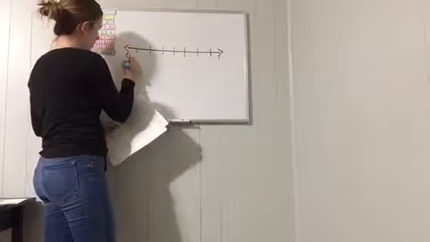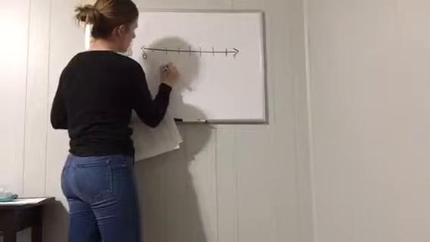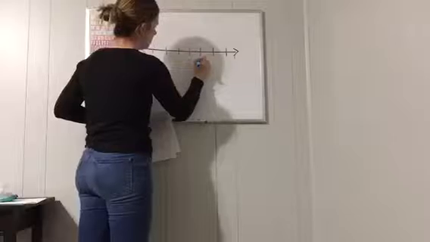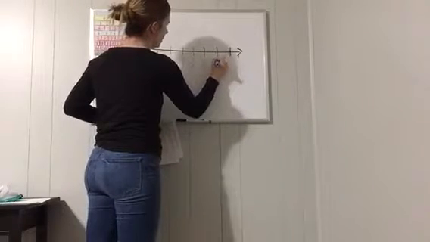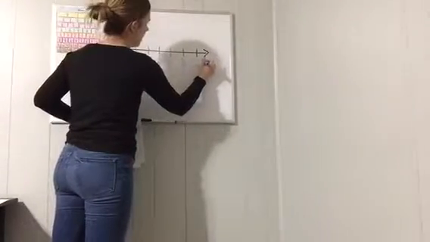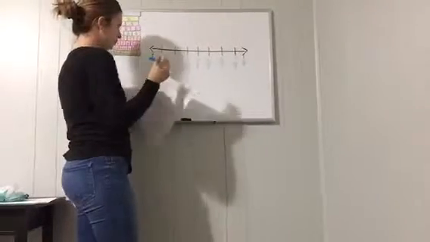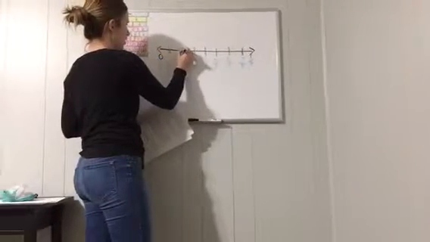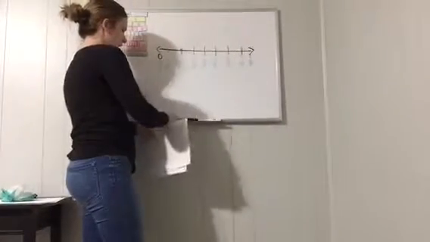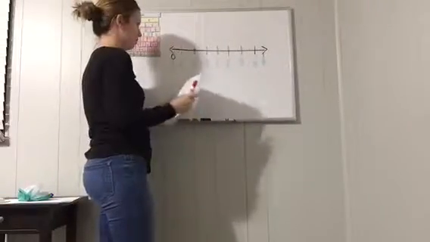So 0/8, 1/8, 2/8, 3/8, 4/8, 5/8, 6/8, 7/8, and 8/8. And so since there was 2/8 veggie, we would dot that off. And then we could use another color for cheese.